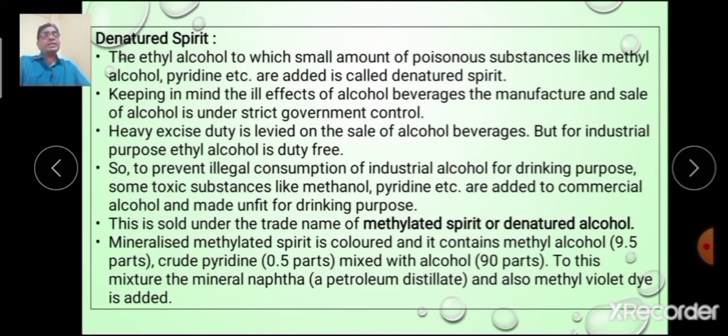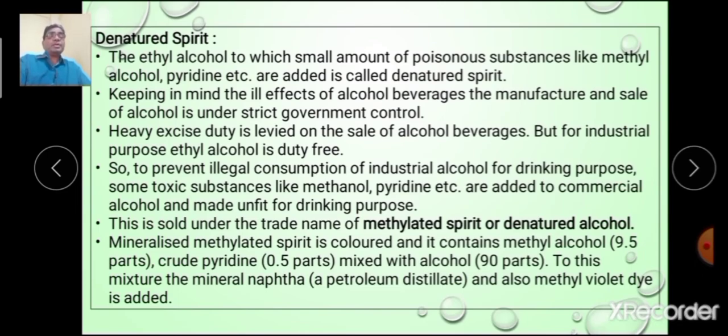This is the denatured spirit because it is used in the laboratory, and it is denatured by mixing a toxic material in the ethyl alcohol, because by keeping in mind the ill effects of alcohol beverages, this process is done.